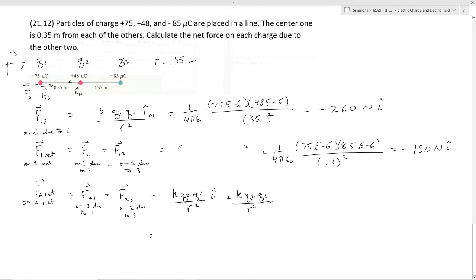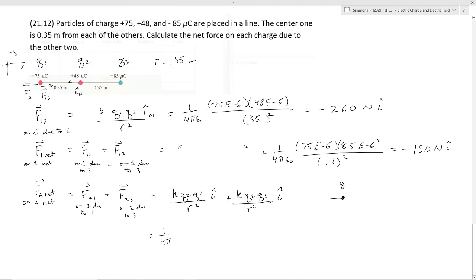So let's run the numbers here. Oh, and I should say that this one is attractive, and Q3 is to the right of it, so it's also going to be a positive i hat contribution. I think it can be useful for straightening this out to make a little cartoon.